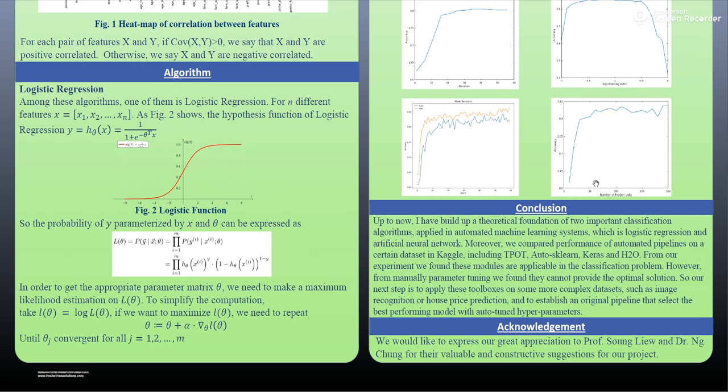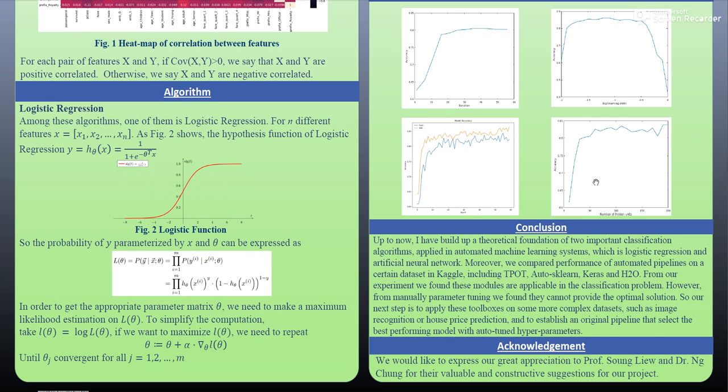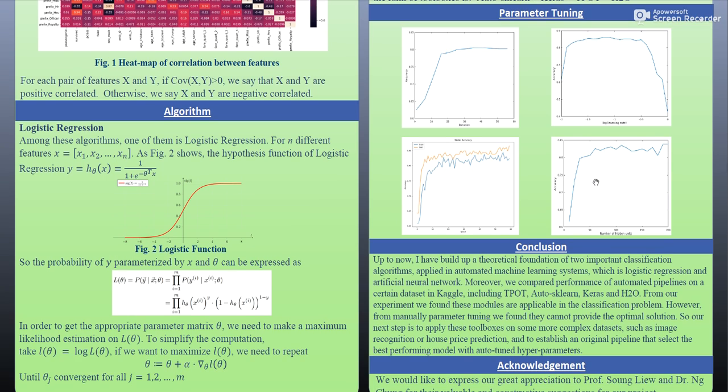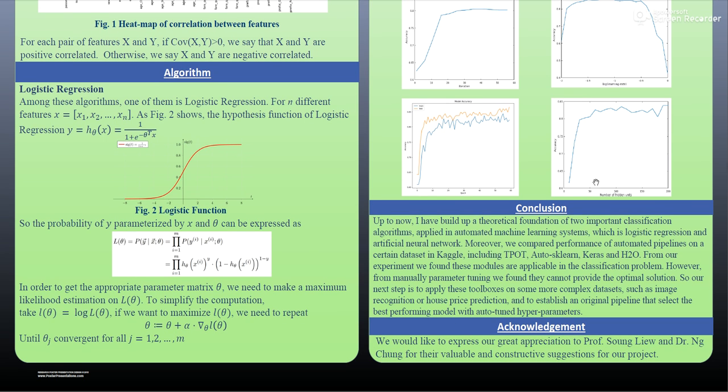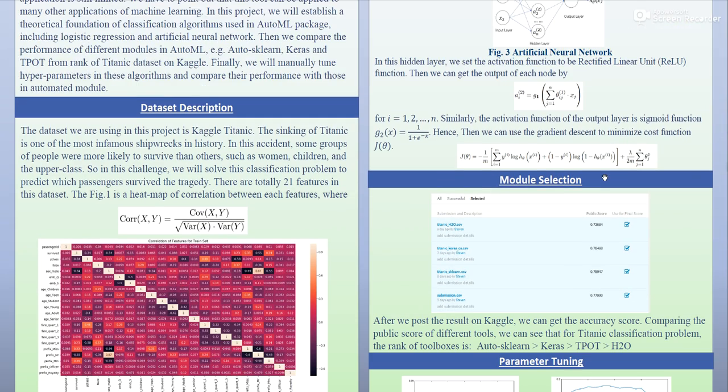So up to now, I have built up the theoretical foundation of two important classification algorithms applied in AutoML systems, which are logistic regression and artificial neural network.